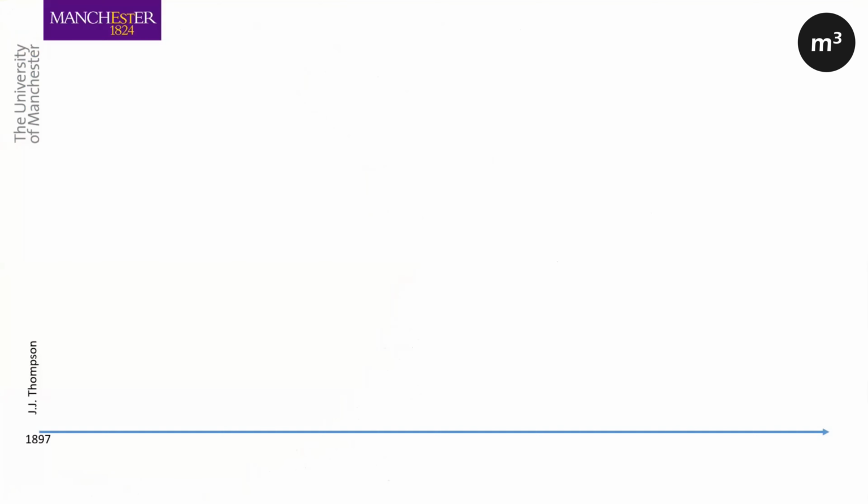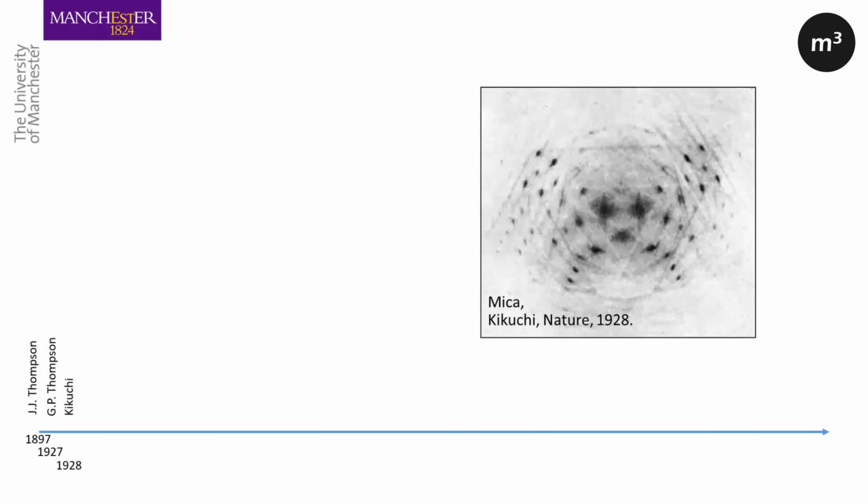Of course, this all started with J.J. Thomson discovering the electron in 1897, and then his son realized diffraction of electrons, but it was Kikuchi the year after, actually, G.P. Thomson, that explained what the pattern was about, and he presented this in a Nature paper in 1928, showing a pattern from mica. It's a mineral.